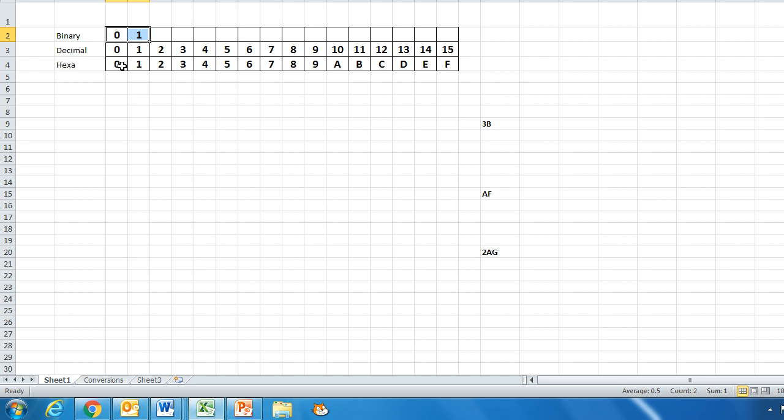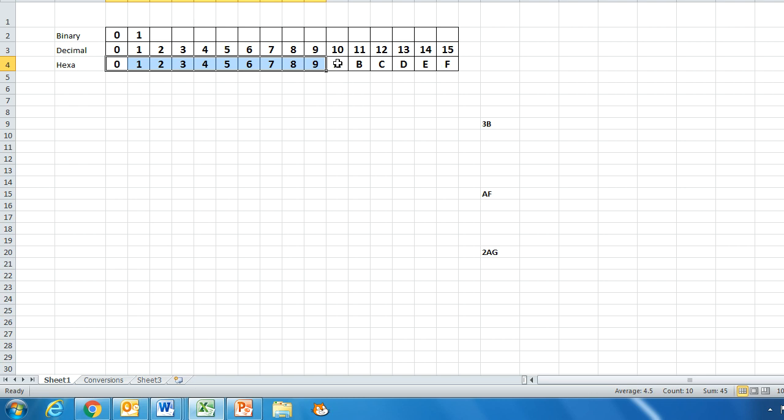The hexa has 16 digits. Right, so it's the same as decimal, the 10 numbers, and then added to it will be the first 6 letters of the alphabet.